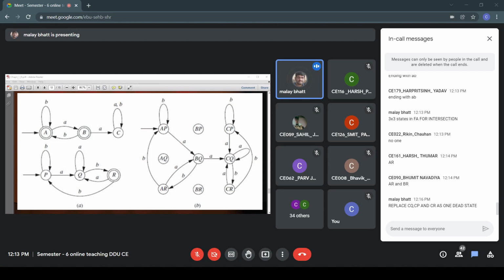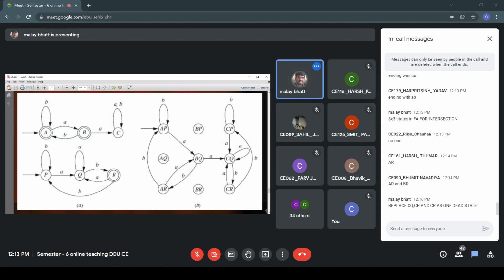The most important thing is CP, CQ and CR are also not accepting states. So we'll replace them with one dead state. I hope it is clear now.